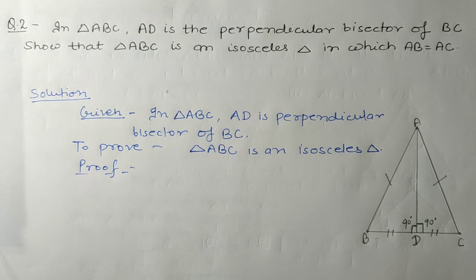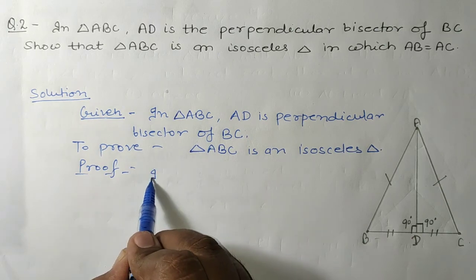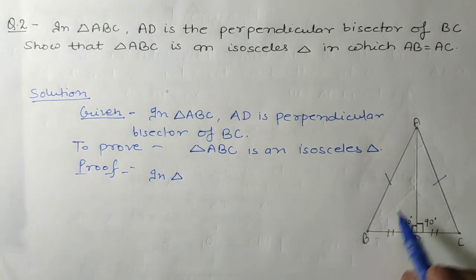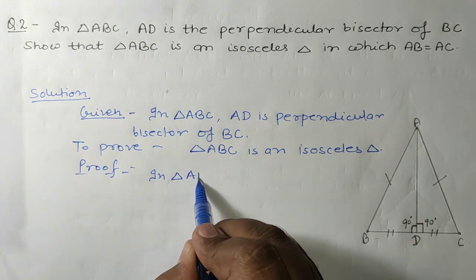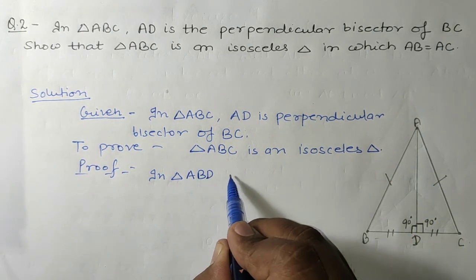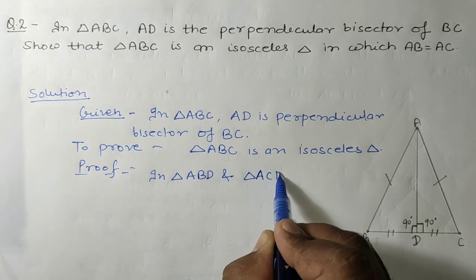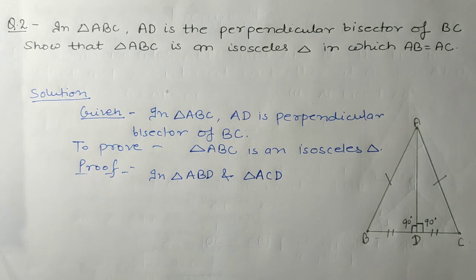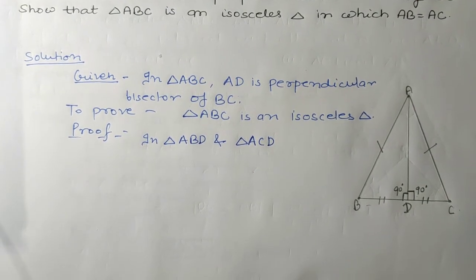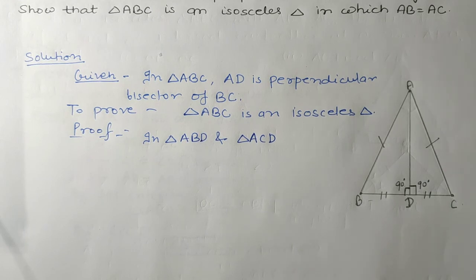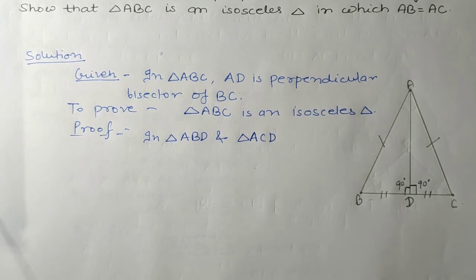Students, in these two triangles, that is in triangle ABD and triangle ACD, in these two triangles, firstly let us think roughly by which criteria we are going to prove that these two triangles are congruent.